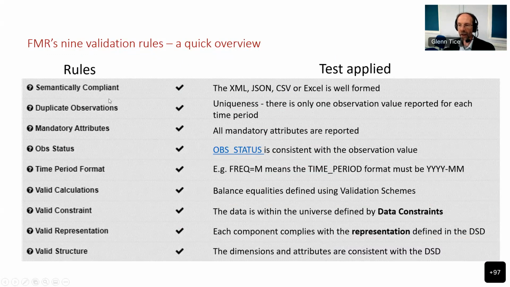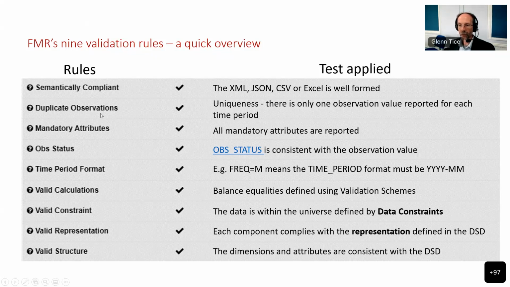So the first one is what FMR calls semantic compliance, and this is relatively straightforward. This just confirms that the file you have submitted is well structured. So if you're submitting an XML, the XML is properly structured, JSON is properly structured, and the Excel, if you're using that, is properly structured. So not particularly complex.